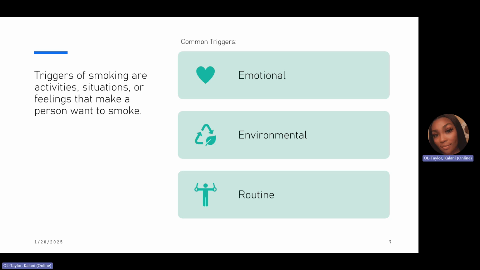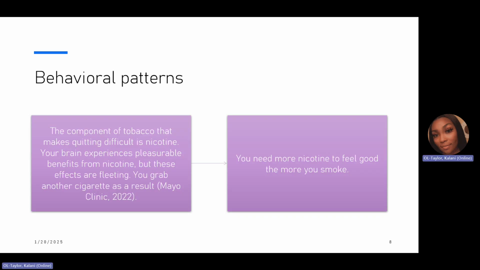Some environmental triggers could include friends who smoke. Being around a friend who smokes may make you want to smoke. Or being at a party or a bar and you see other people doing it may make you want to do it. And then there could be the routine triggers. You're used to doing it after meals or during a lunch break, something like that. So it becomes a habit. Now, behavioral patterns associated with smoking.